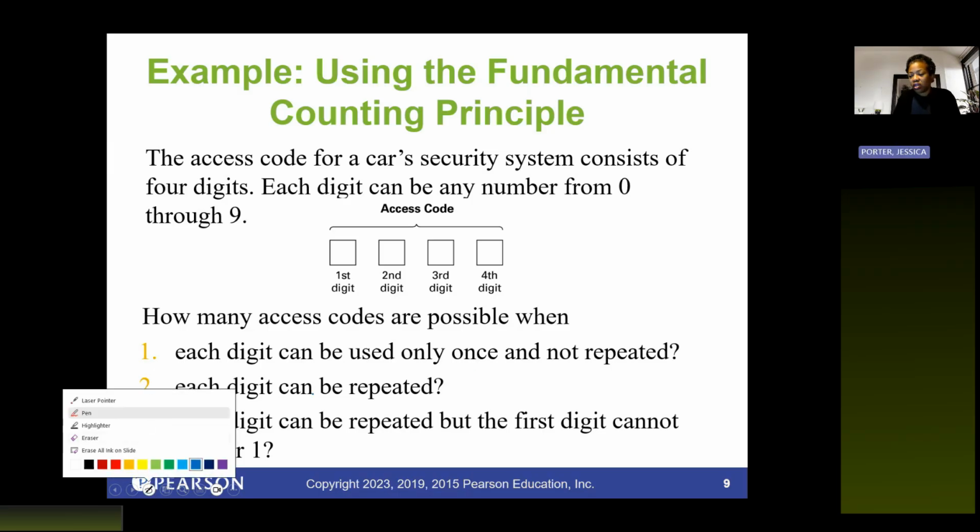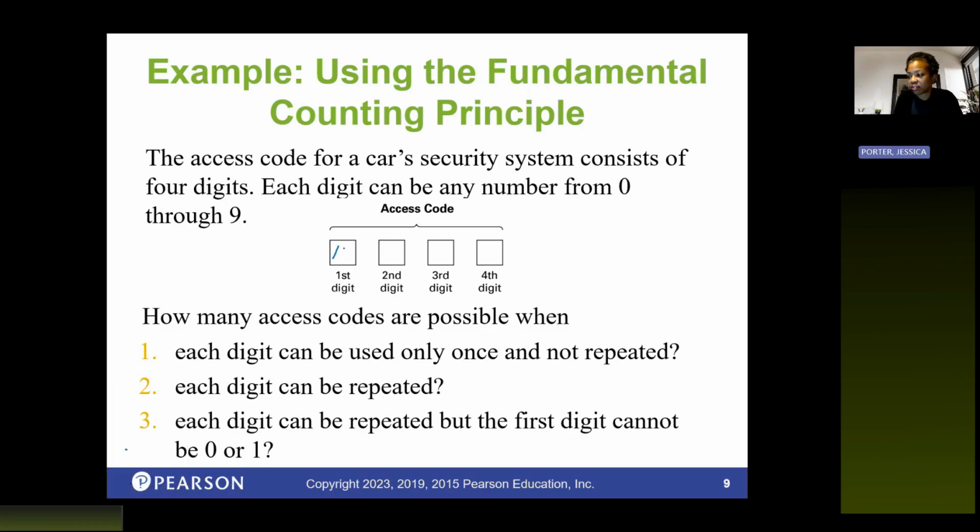All right. So we're going to have tens on each of these because each digit can be repeated. You could have 0, 0, 0, 0. And this is going to be 10 to the fourth, which is what?